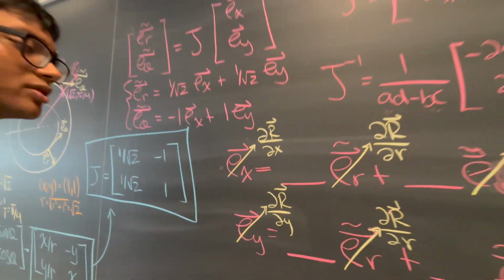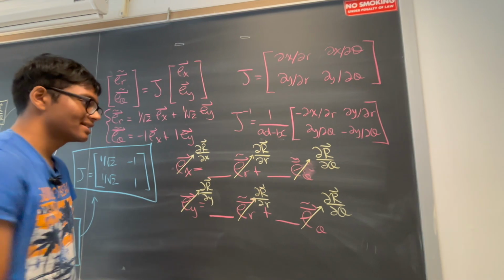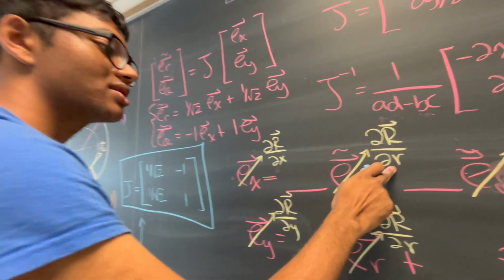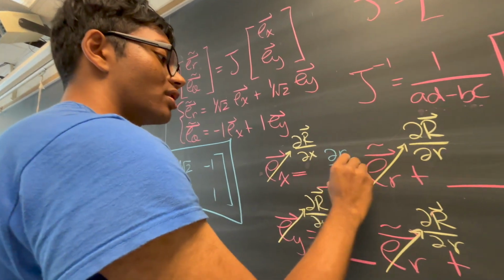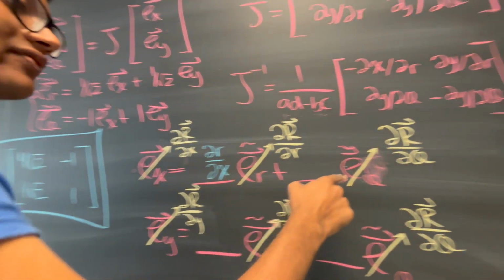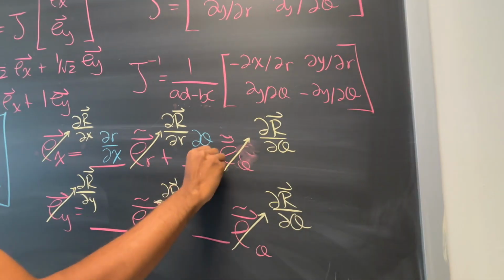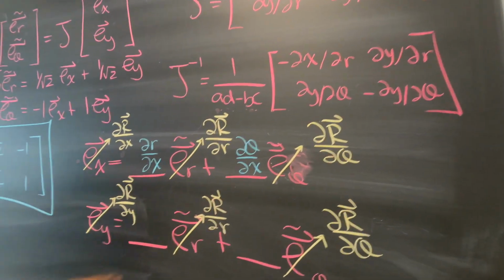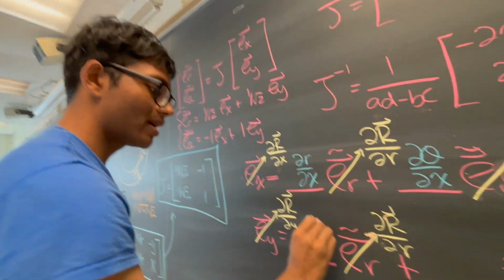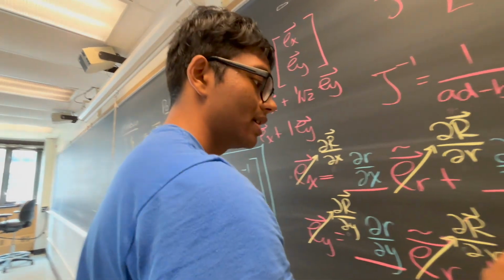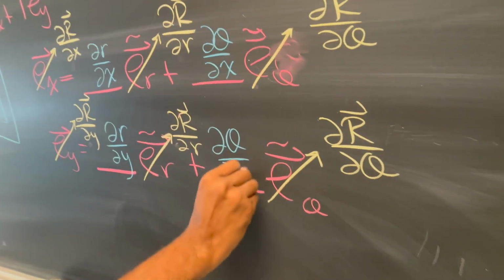Similarly, e sub y is partial r, partial y. And the multivariable chain rule demands that if I want to get partial x on the bottom here, I just have to multiply this fraction by partial r, partial x. Similarly, I have to multiply this fraction by partial theta, partial x. Similarly, I have to multiply this vector by partial r, partial y, because I want to get y on the bottom, and partial theta, partial y.